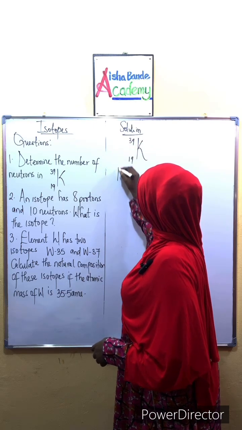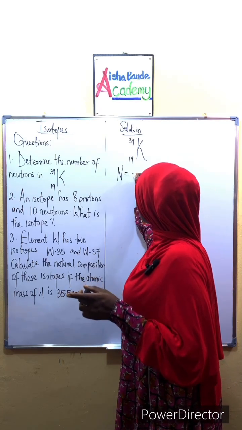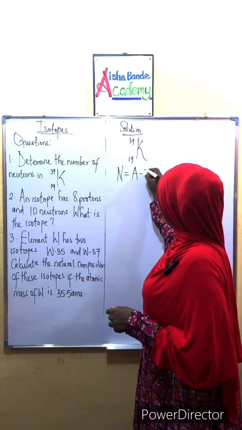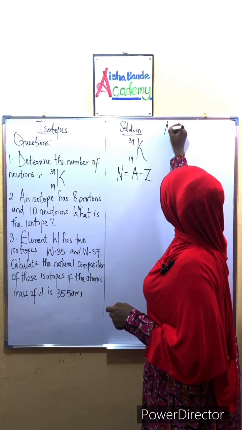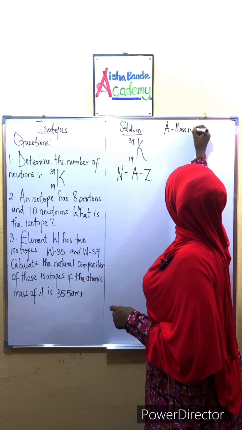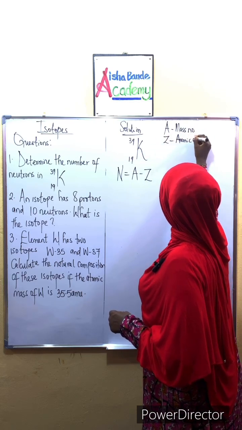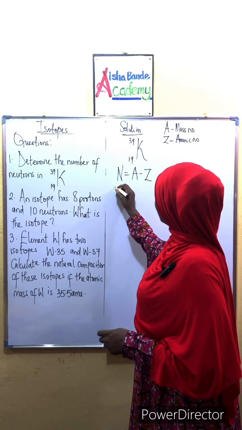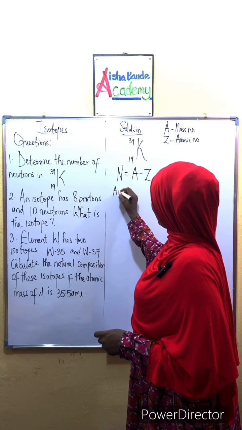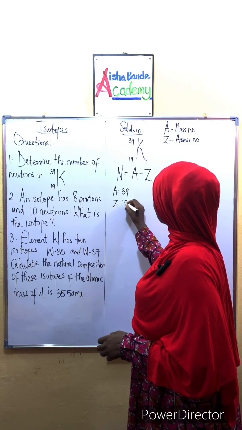So for us to get the number of neutrons is equal to A minus Z. And remember, we said that our A is the mass number, while the Z is the atomic number. So in this case, we have the mass number A is 39 and the atomic number Z as 19.